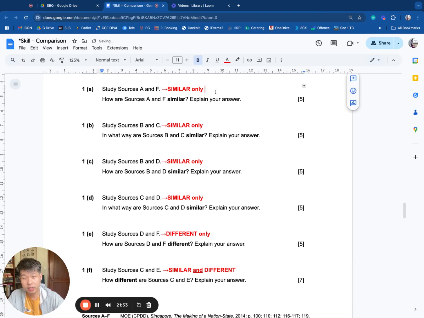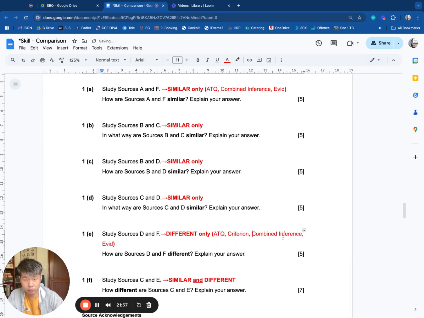And then for similarity, can I remind you, you want to go ATQ, combined inference, evidence. These are the 3 steps. Please write this down for yourself now, because it really helps you when you are crafting your responses. And for different, you want to go ATQ, criterion, contrasting inferences, evidence.